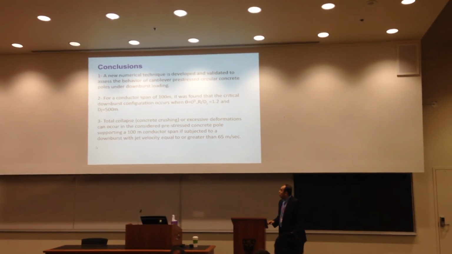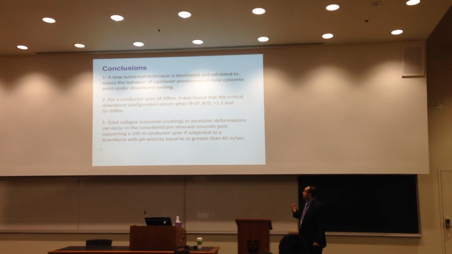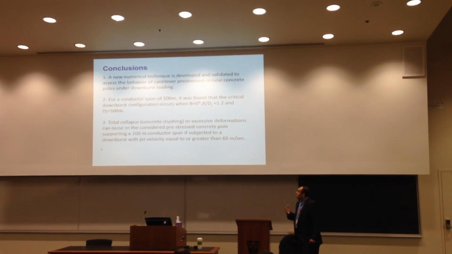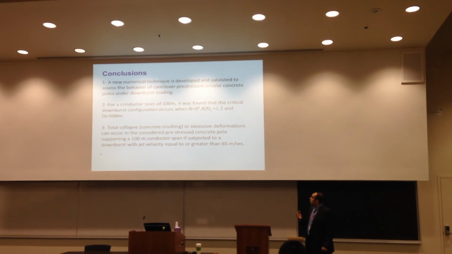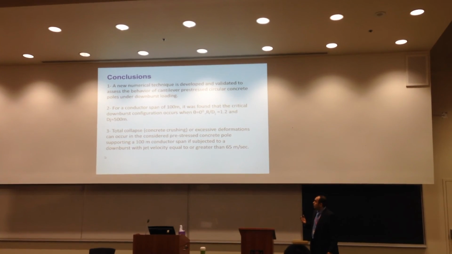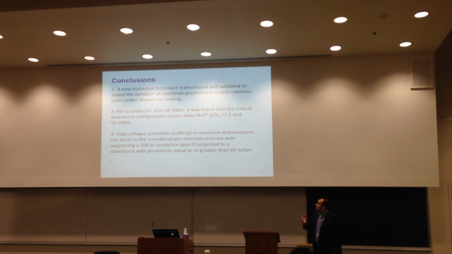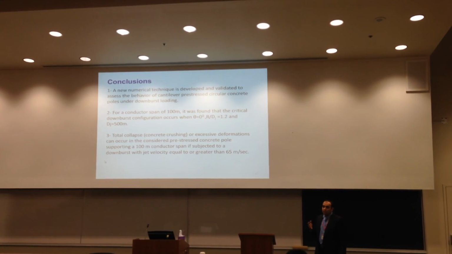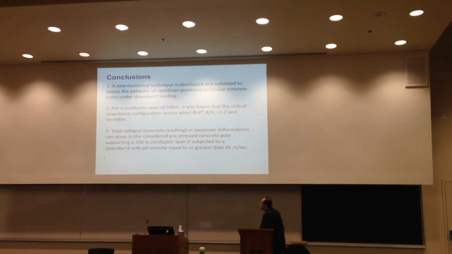Total collapse, concrete crushing, or excessive deformation can occur in the considered pre-stressed concrete pole supporting the 100-meter conductor span if subjected to a downburst with a jet velocity equal to or greater than 65 meters per second, and this concrete pole was mainly designed to remain upright under a normal wind speed of 40 meters per second.